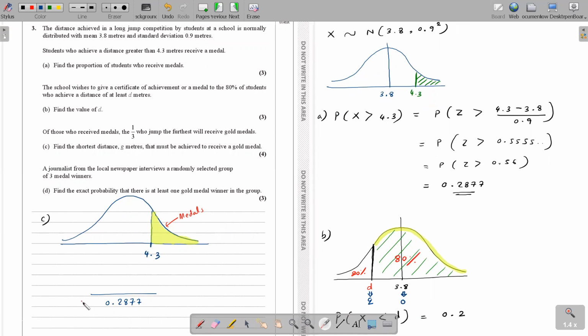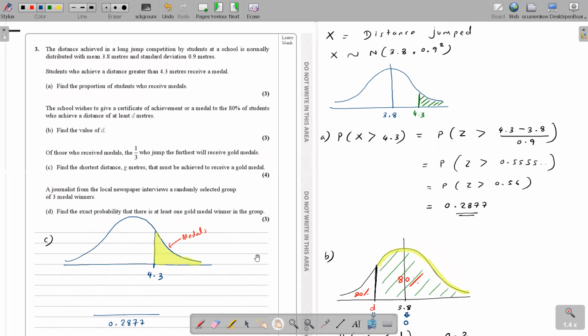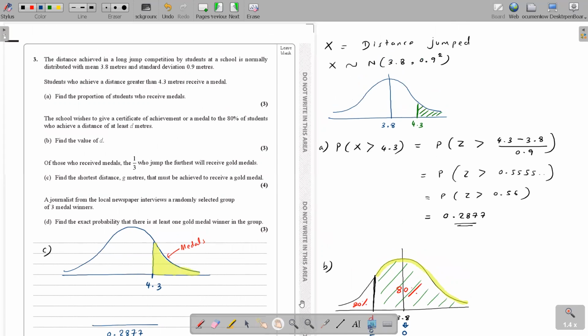Are you with me? So what are they saying here? The 1/3 who jumped the furthest. What do we do here? The medal population is divided into 3 sections, and we take the people who jump the furthest. Is it at the beginning or at the very corner?